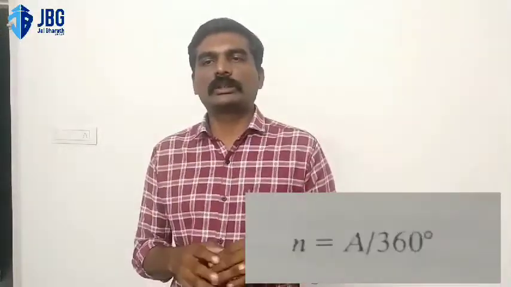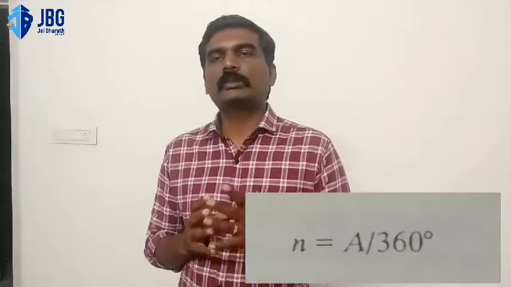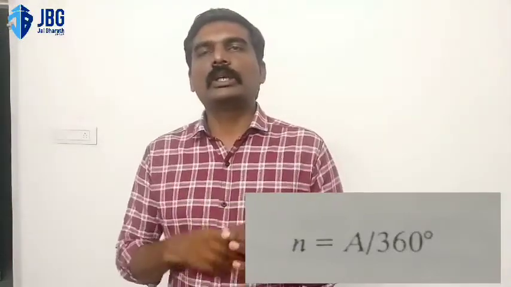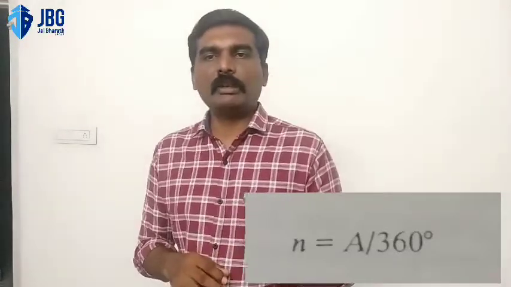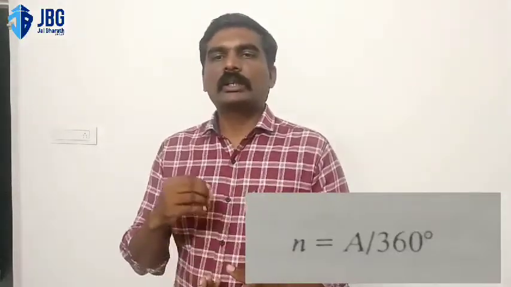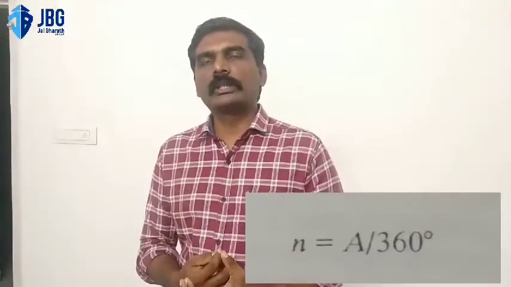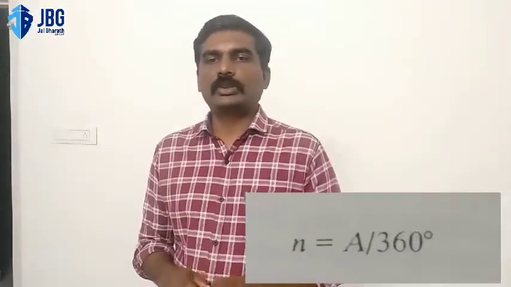Coming to the resolution, the number of steps per revolution of the stepper is determined by the number of poles in the stator and rotor. If we increase the number of poles, we can increase the resolution of the device too.